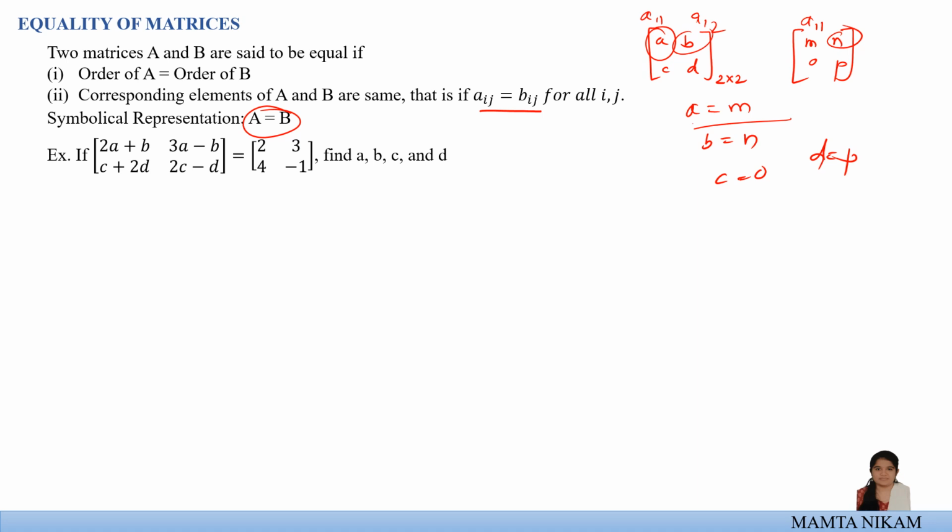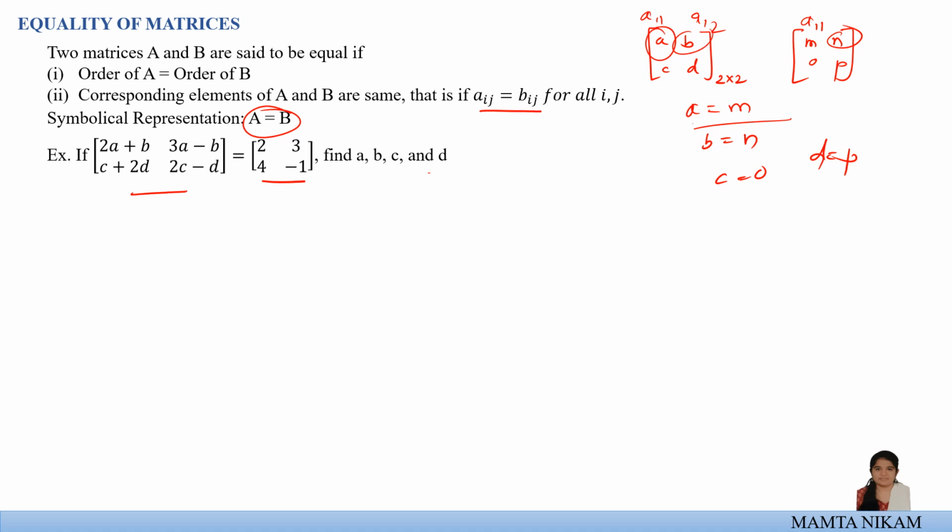So given is a matrix: 2a plus b, 3a minus b is the first row, c plus 2d, 2c minus d is the second row, and it is equal to 2, 3, 4 and minus 1. This is another matrix. It is said that these two matrices are equal, and using the equality property we have to find the values of these constants a, b, c and d.